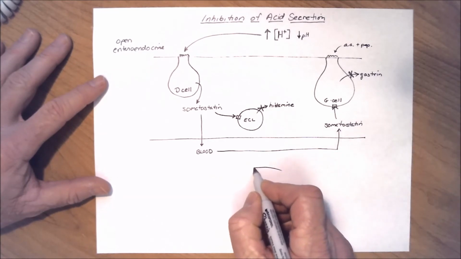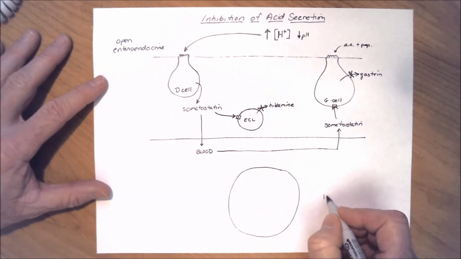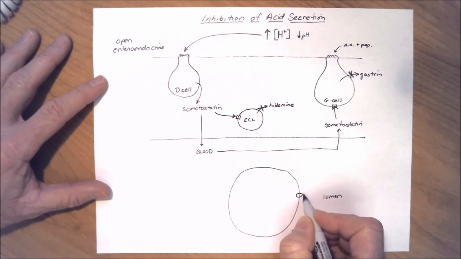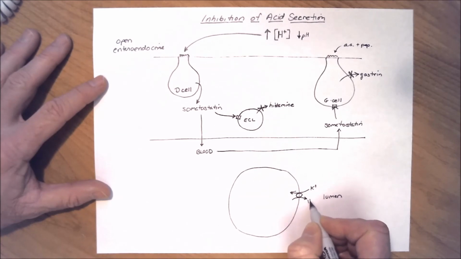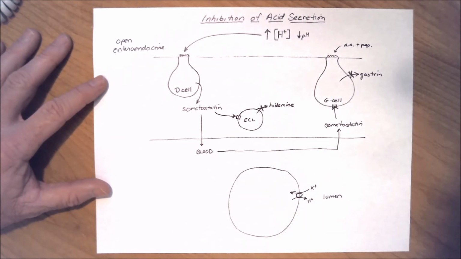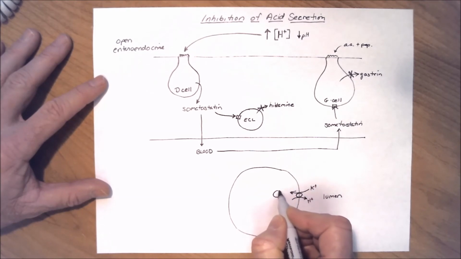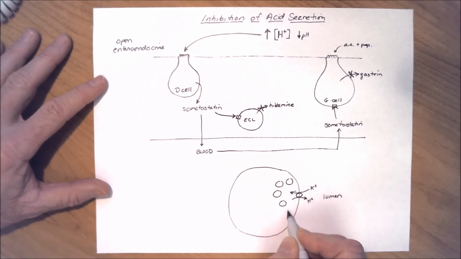And if we examine what happens to the parietal cell, if this is the lumen, remember we had our antiporter on the surface, our ATPase transporter to pump the protons into the lumen to drop the pH. These resulted from these intracellular vesicles fusing with the plasma membrane of the parietal cell.